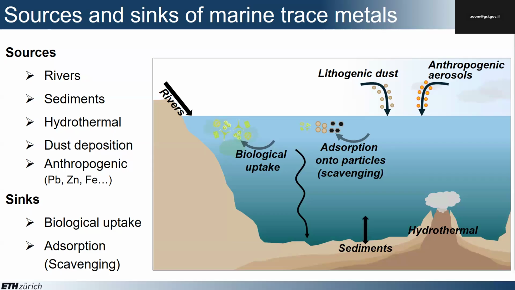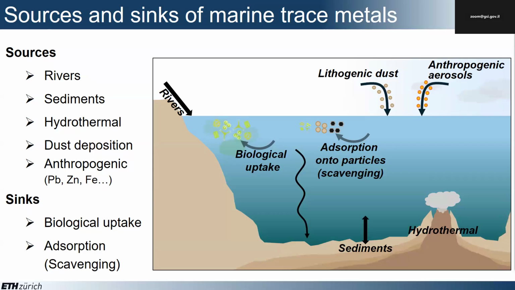In terms of sinks, I mentioned biological uptake, which removes metal from the upper ocean. And a very important sink that I will mention during my talk is the process of adsorption or scavenging. In this process, metals that are dissolved in seawater will become scavenged or adsorbed onto particles that are suspended in seawater.